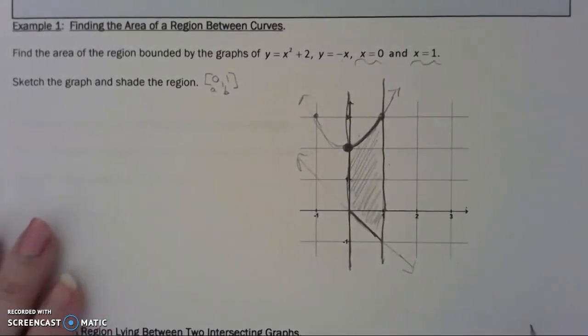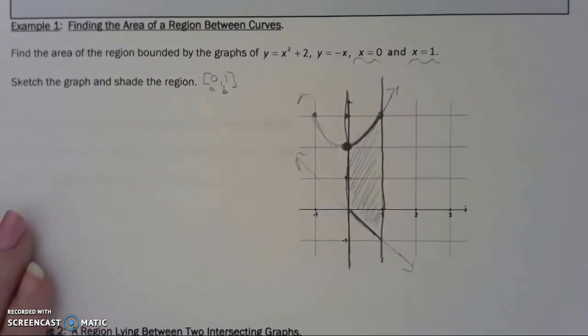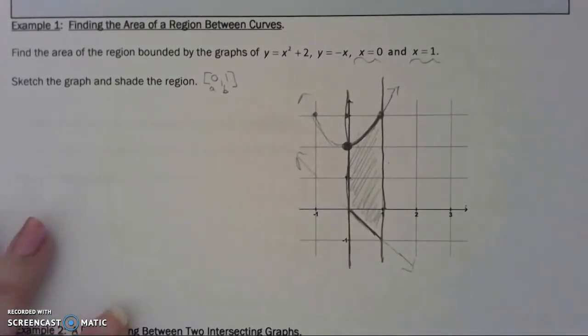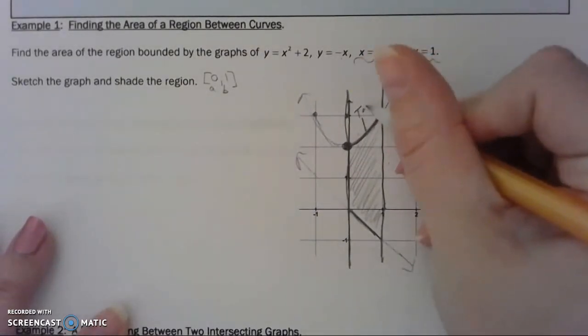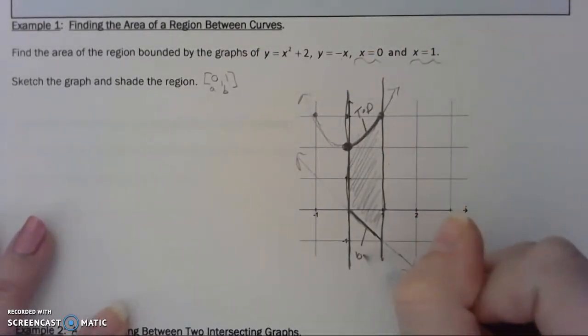So now we can clearly say that we know the top function and the bottom function. This right here is our top function. This one down here is our bottom function.